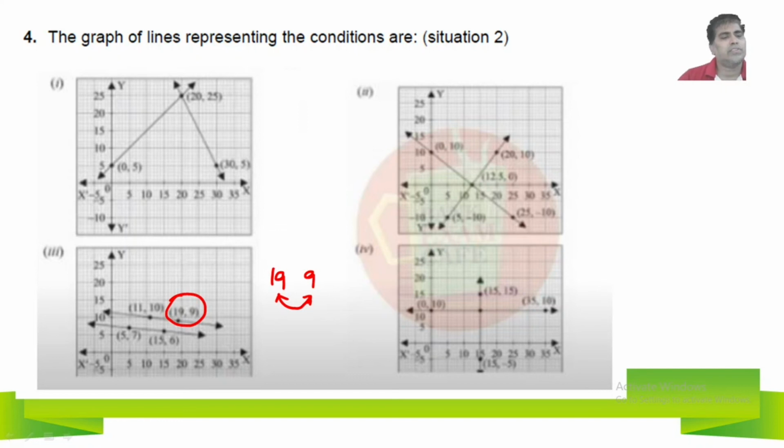In the first question, what did we get? 5 and 7.